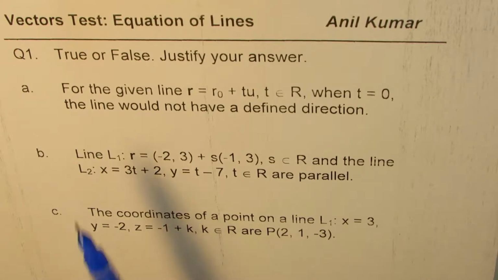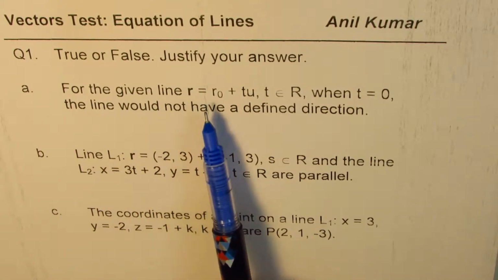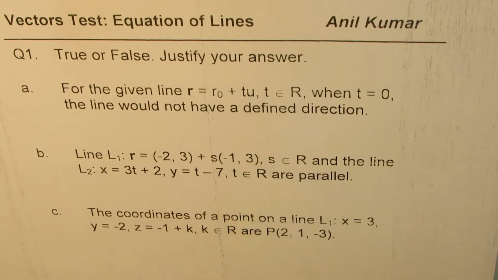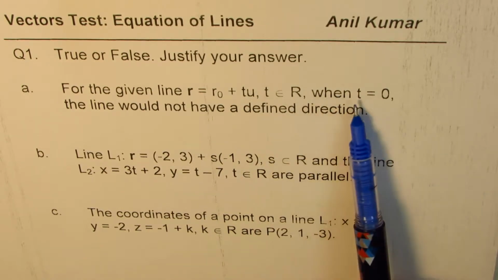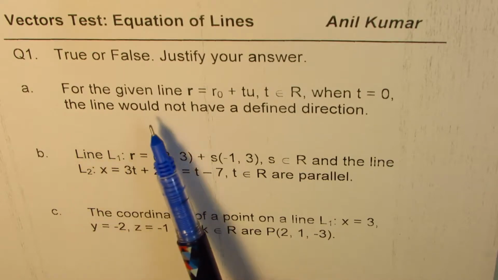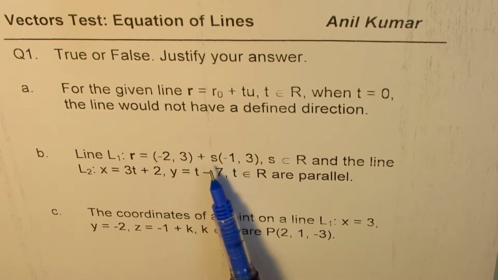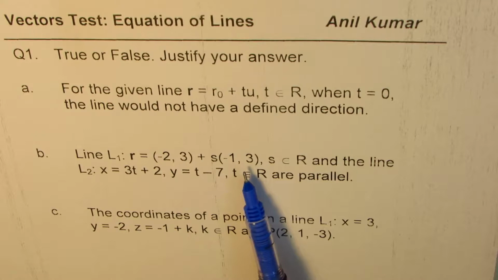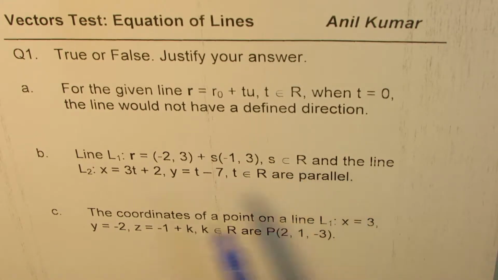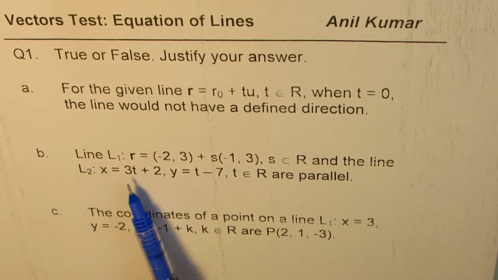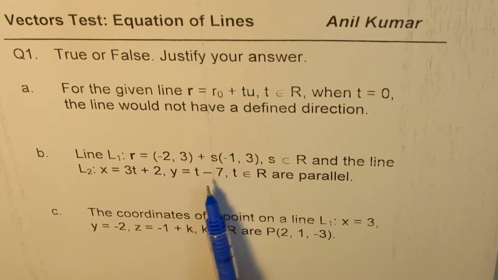The first one here is for the given line r equals r0 plus tu, t belongs to real numbers. When t equals 0, the line would not have a defined direction. Is this statement true or false? You need to justify it. B is line L1, r equals (-2, 3) plus s times (-1, 3), s belongs to real numbers, and the line L2, which is x equals 3t plus 2, y equals t minus 7, t belongs to R, are parallel.